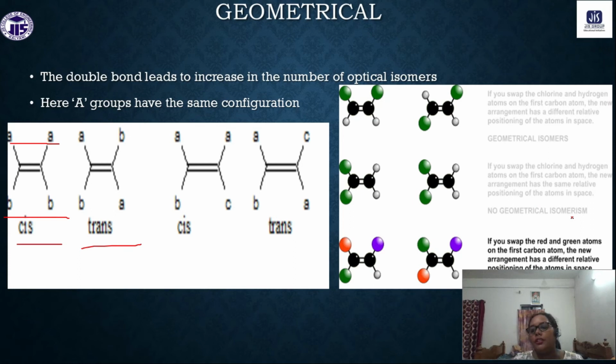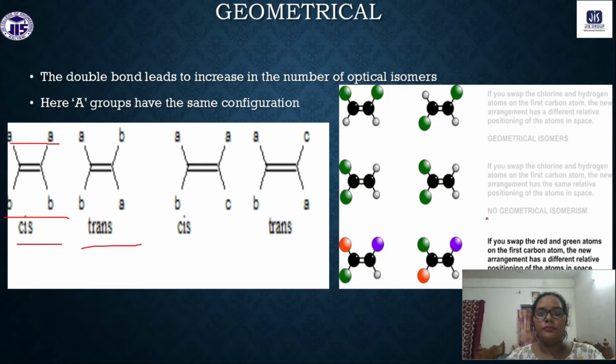No, now these are the geometrical isomers. So these are some of the types of geometrical isomers that we have.